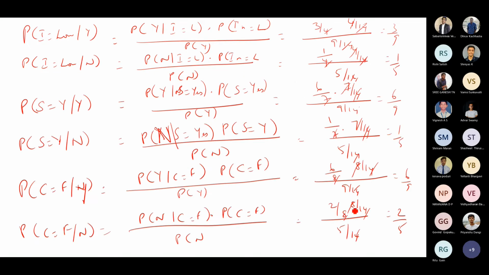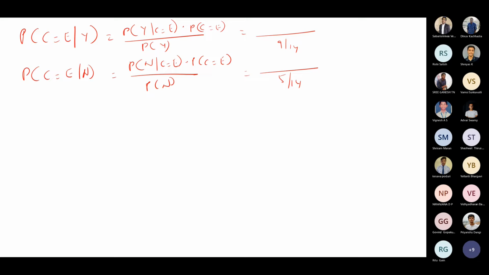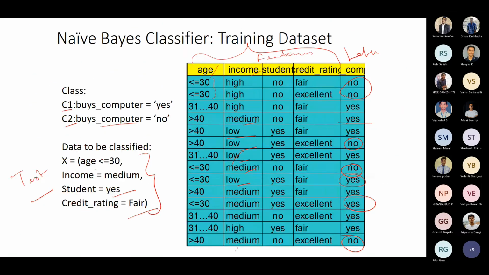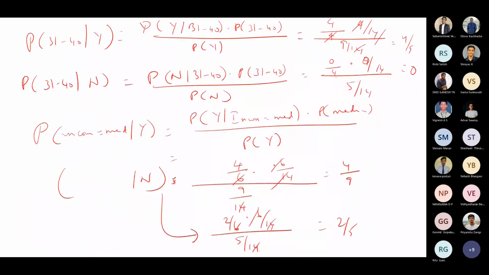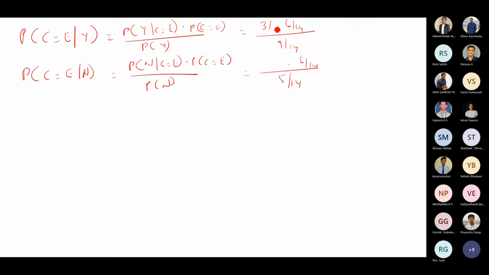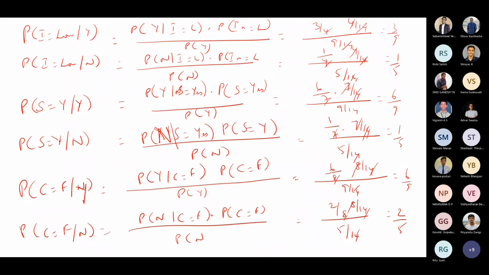I had 8 fair, therefore this will be 6 by 14. Out of the 6, how many yes and how many no. So this excellent is 3 no's and 3 yeses. So this will be 3 by 6 and 3 by 6, resulting in this as 3 by 9, this as 3 by 5. So you can do this also, not a problem. These are your models. So finally you have to consider all those.